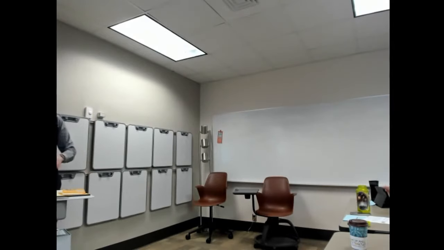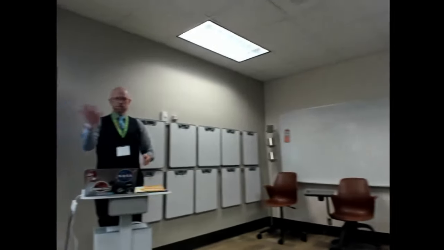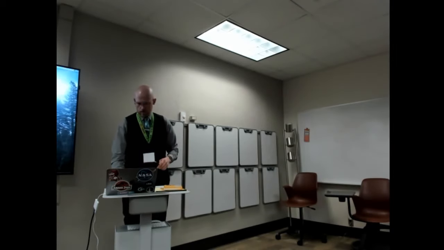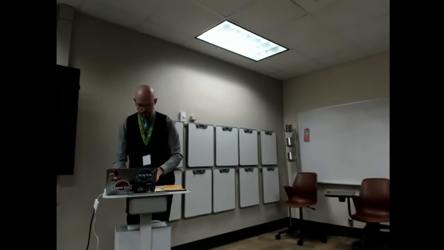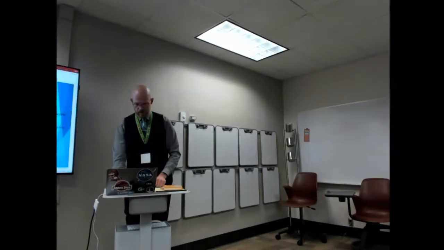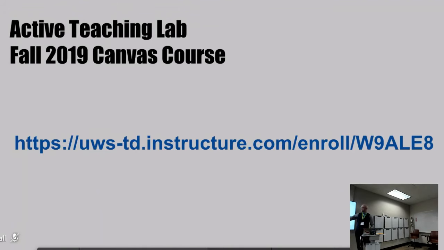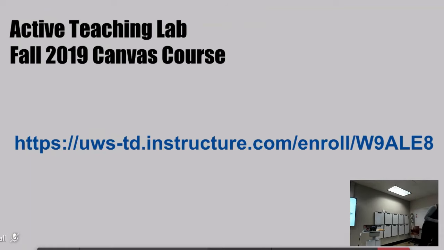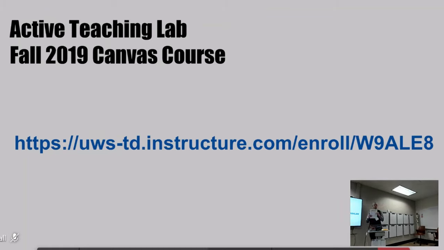And just so that we can do our activity, so we can flesh out some of the questions that you had about how this worked. All right. So what I want, if you haven't already, and this URL is on your handout as well, but just for those who are online joining us, if you haven't signed up for the Canvas course, please do so.